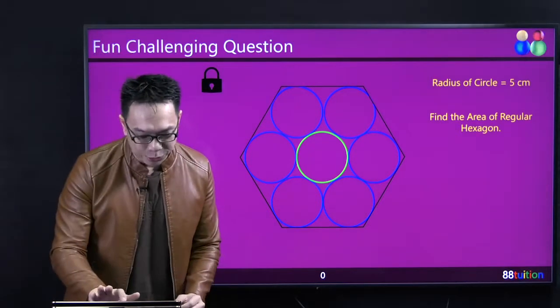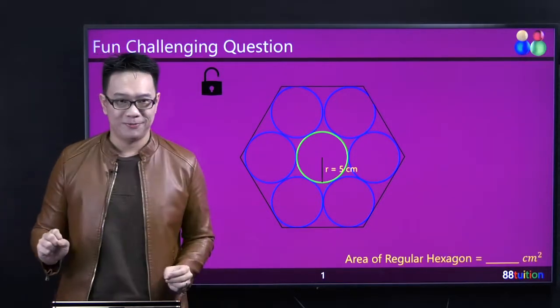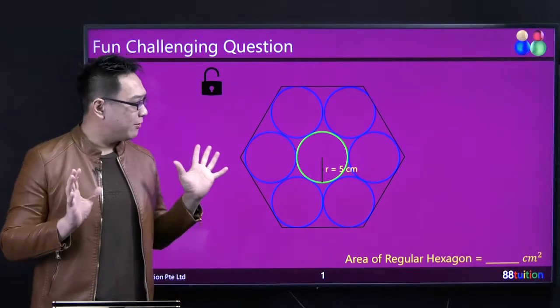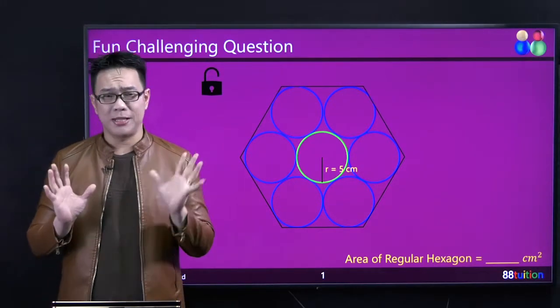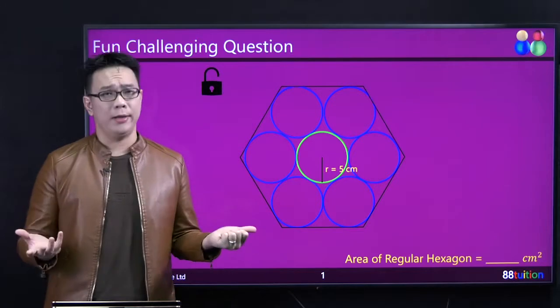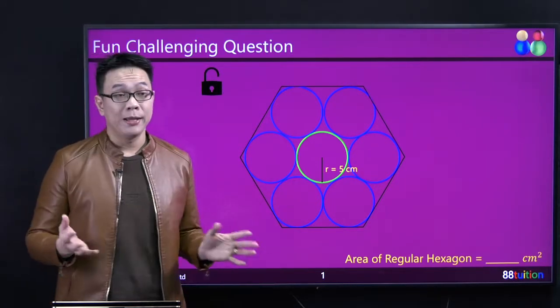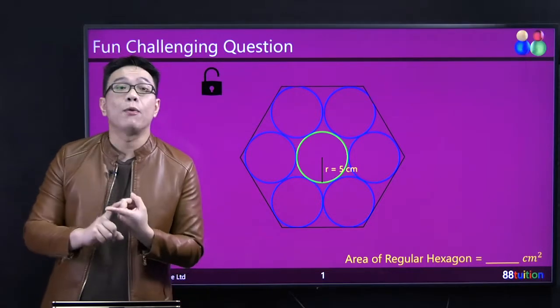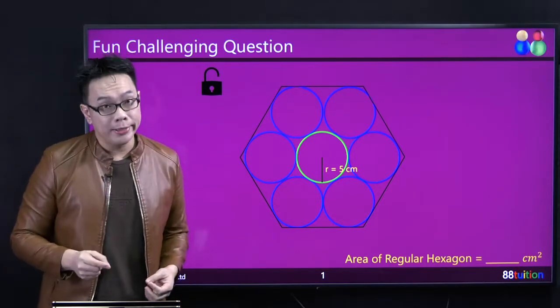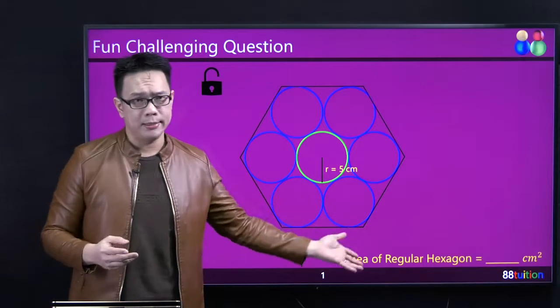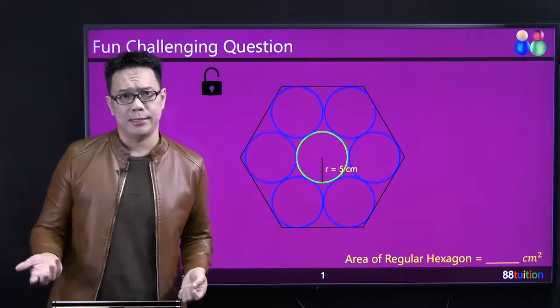So let's discuss this question together, you and me. Let's try to unlock this question. This question relates to a few of the topics that you need to know. In primary 4, you learn something called area of triangle. There's a little bit of area of triangle coming out later. Then in Sec 1, you learn something called polygon. Polygon links to something called hexagon. If you never learned what a polygon is, how would you know what a hexagon is?